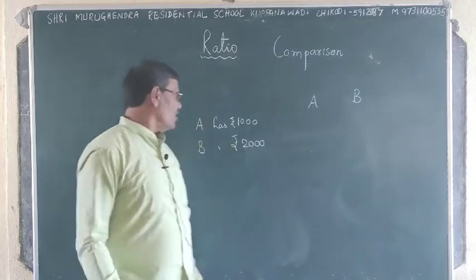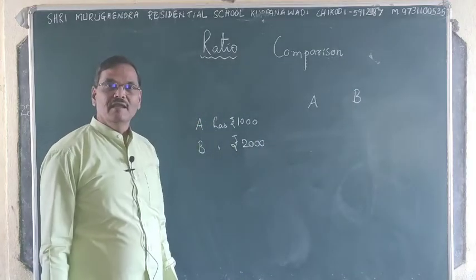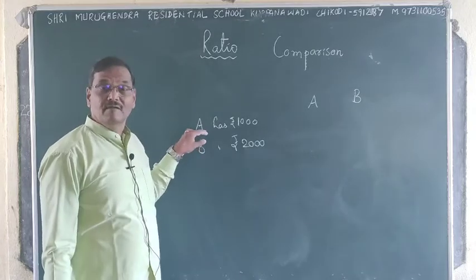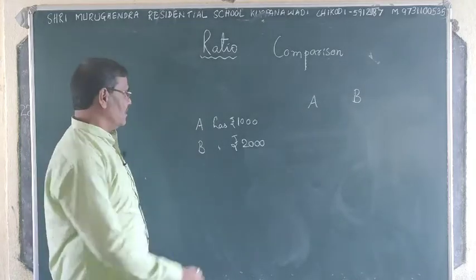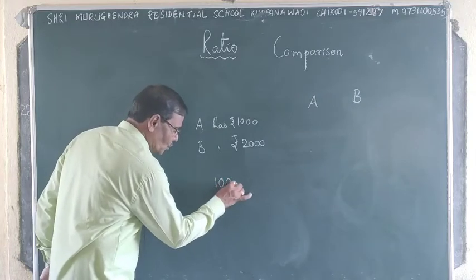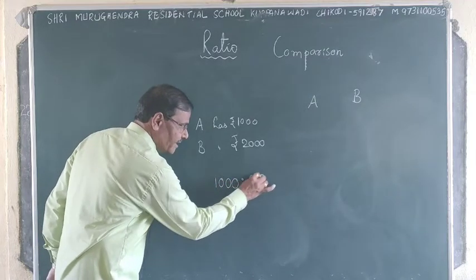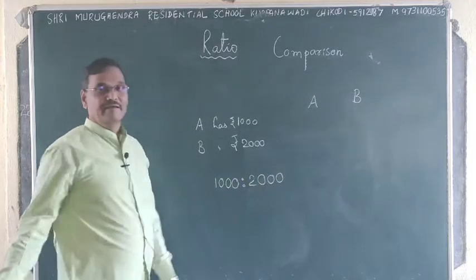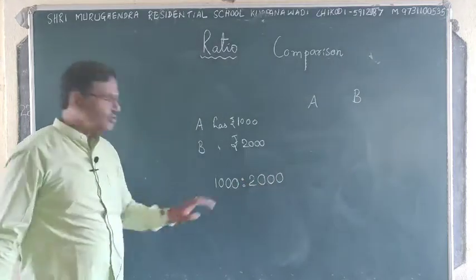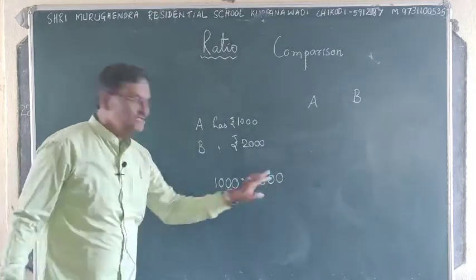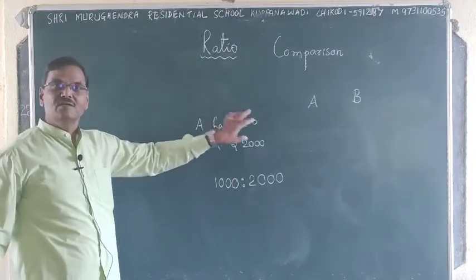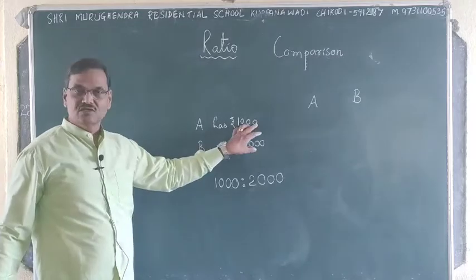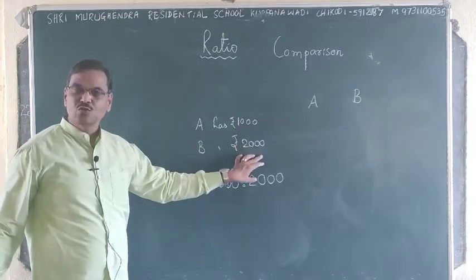Then what is the ratio of money of A and B? It is nothing but 1,000 is to 2,000. If A has 1,000 rupees, then B has 2,000.